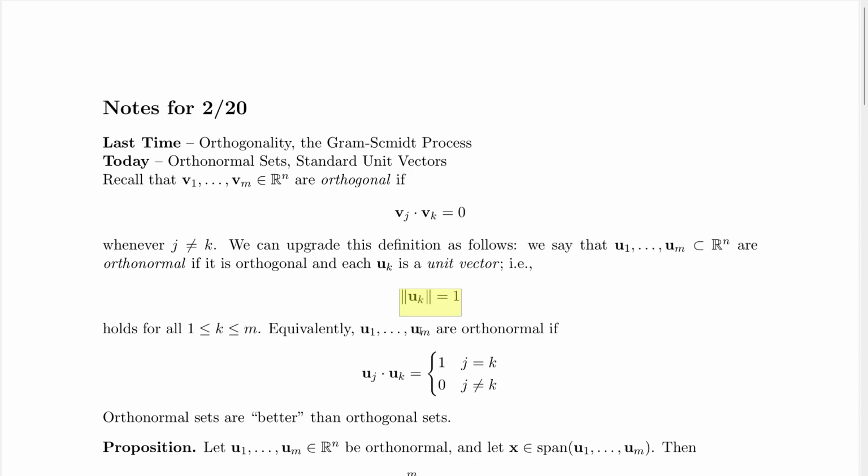Before moving on and talking about why orthonormal is better than orthogonal, I do want to further ruin the word orthogonal for you. So I learned the word orthogonal, and I was like, oh yeah, perpendicular, just a fancy way of saying perpendicular. Then I learned about orthonormal, and because my brain desires consistency, I then started pronouncing this word as orthogonal.